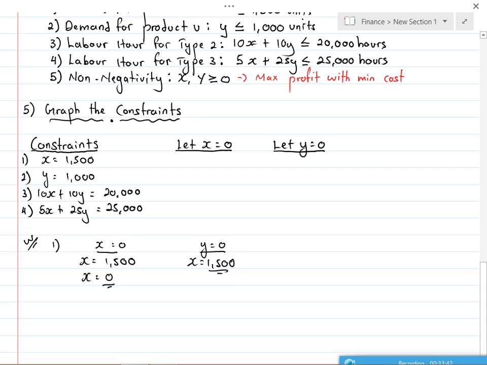Either way around. So for the first one, when x equals to 0, what should you get here? Y answer. When y equals to 0, what should you get here? X answer.